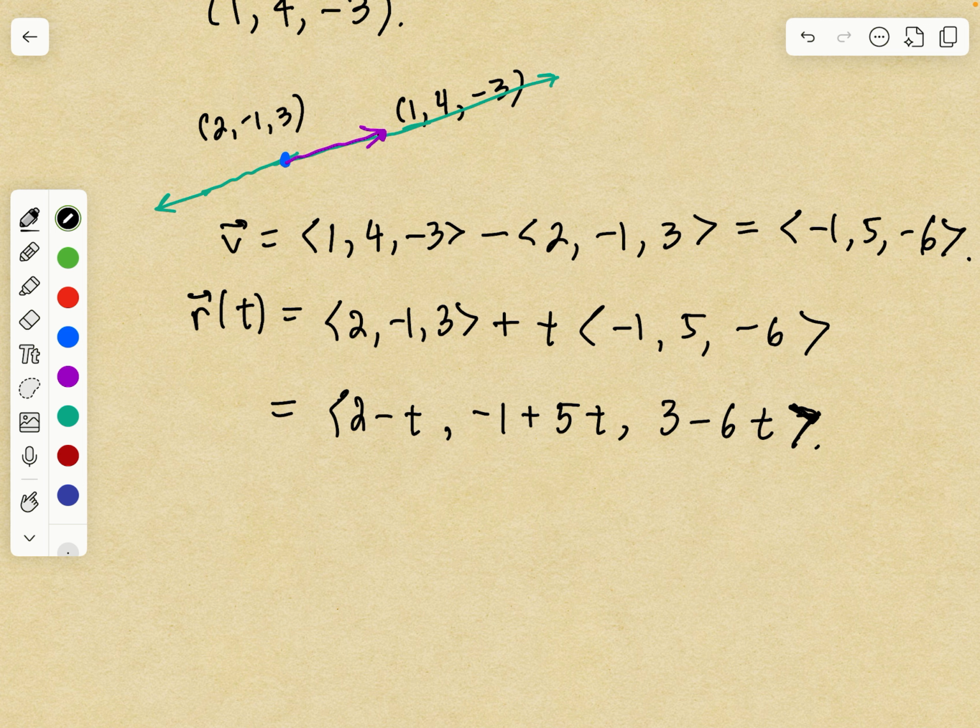So what these 3 components are telling you is the x, y, and z coordinates of your point at time t. So often we think of t as representing time. So where is the particle at time t?